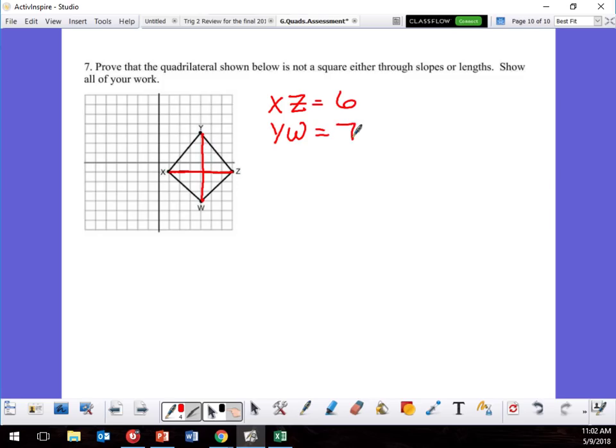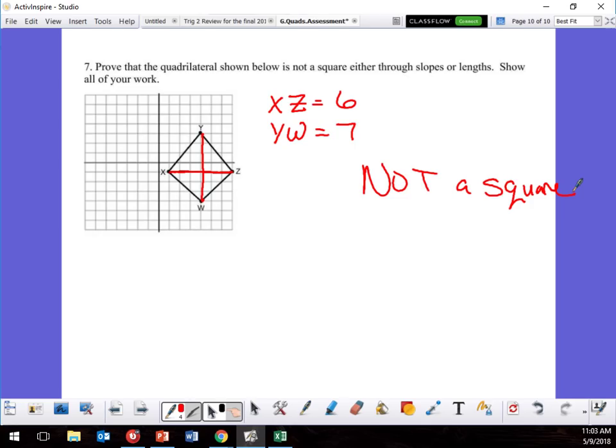Uh-oh. So what does that mean? They're not congruent. The diagonals are not congruent. So this is not a square. All right, that was super easy.